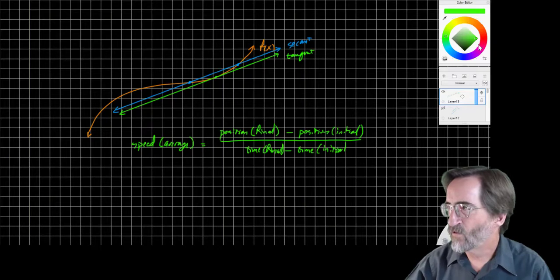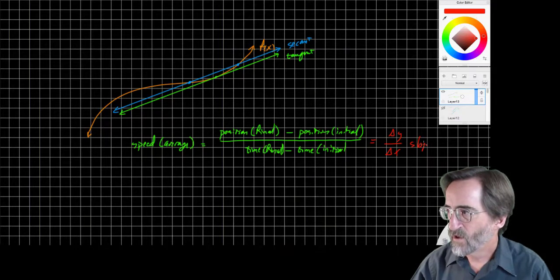You probably notice, or hopefully understand, this is change in y over change in x, its slope, or a rate of change.